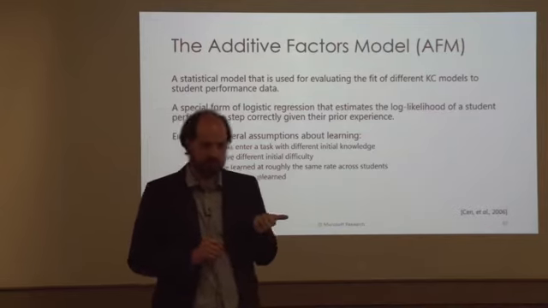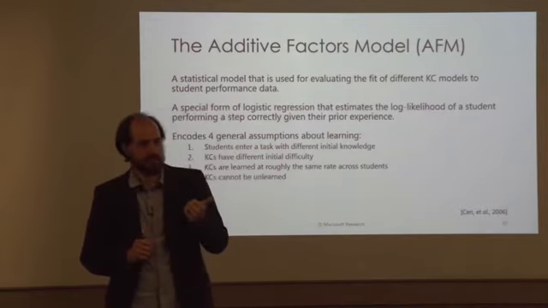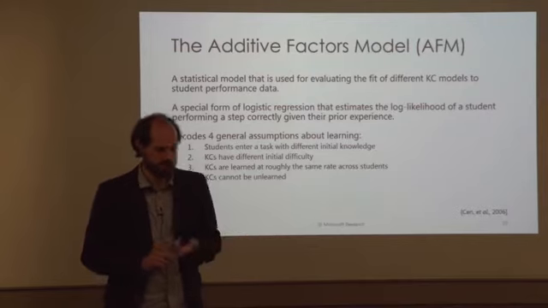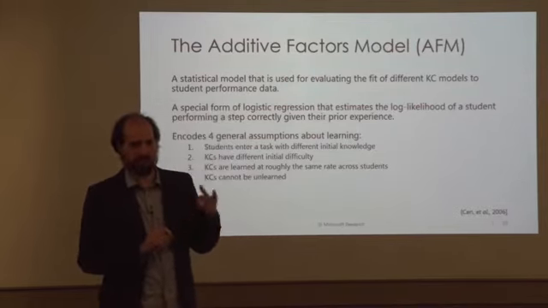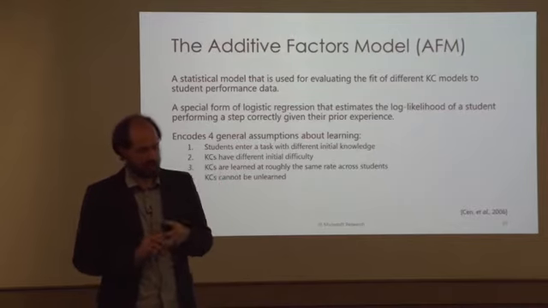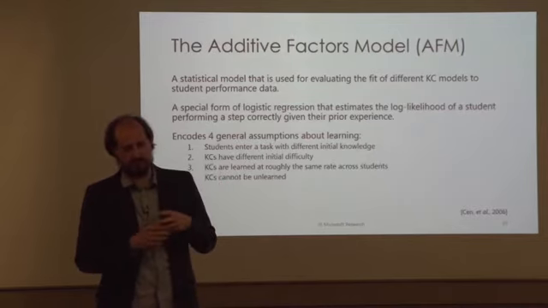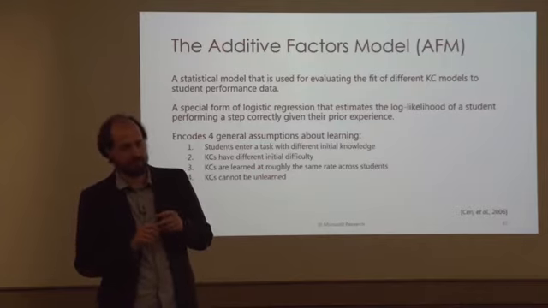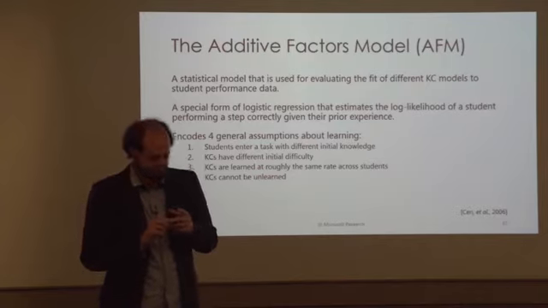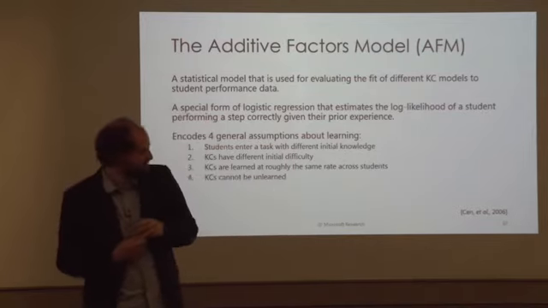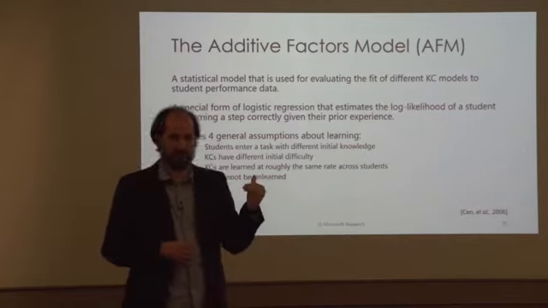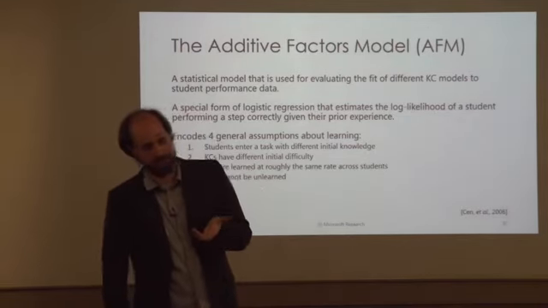First, all students come into a task with different initial levels of ability, modeled as a random intercept for student. All KCs have different initial difficulties, so each KC has a fixed effect intercept. All KCs are roughly learned at the same rate across students, which is more a simplifying formalism, because you get too many parameters otherwise. But each KC has a slope of learning. And crucially, for what we're going to use the model for, KCs can't be unlearned. There's no forgetting in this model.